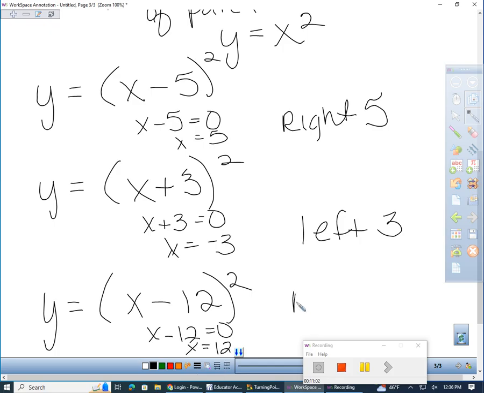To the right 12. All right, any questions so far? We are all the way through question number 18. We're doing fabulous. All right, next. Example number 5.